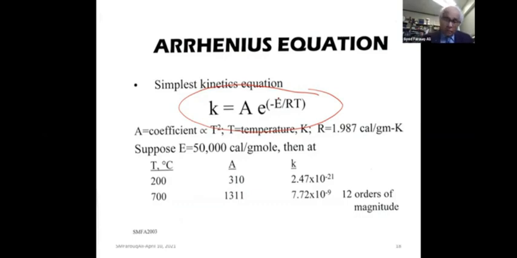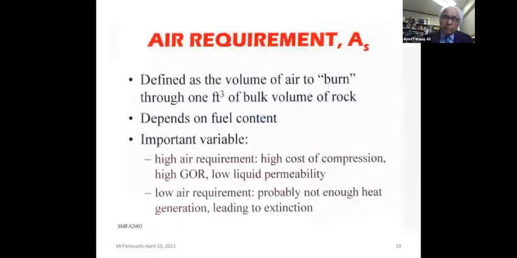But lab tests are good for parameters. Some of the other lab tests, which I'm not discussing, will give you these constants, E and A, in the Arrhenius equation for different reactions. So you need to do a lot of reaction tests to get enough data to determine the parameters.